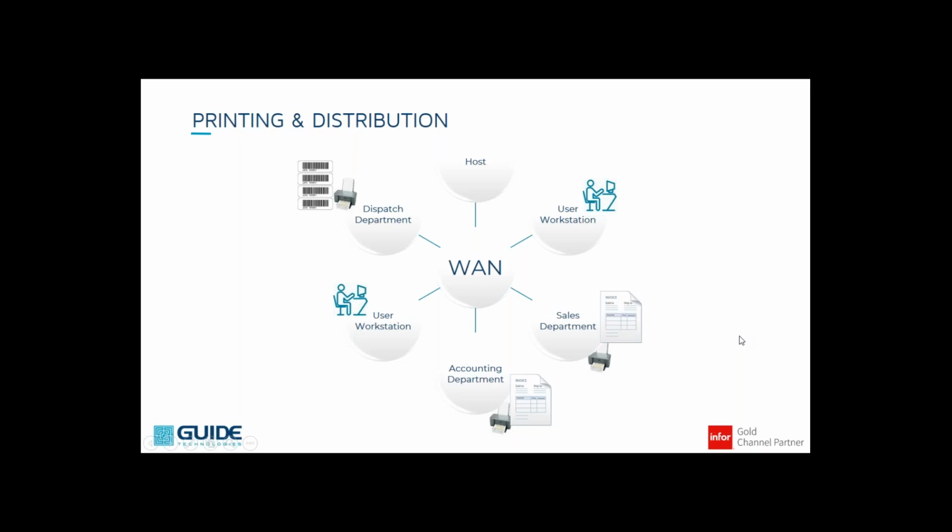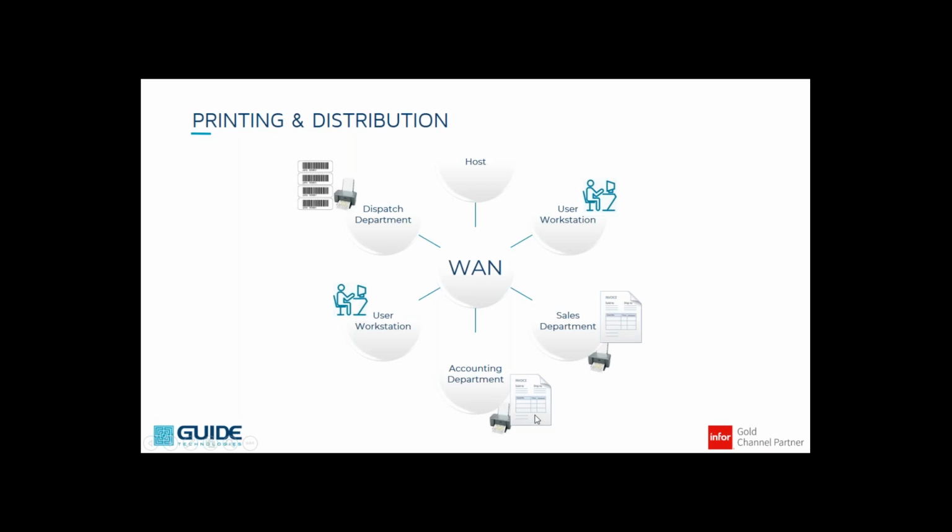Now, when I say that you can do this by customer or by vendor, what I'm saying is you can do a complete distribution of how your documents print. So you're printing an invoice. Do you want to print it yourself locally? Do you want to send it to one of the multiple printers on your system, on your network? Do you want to print a different copy of the order in the sales department than in the accounting department?